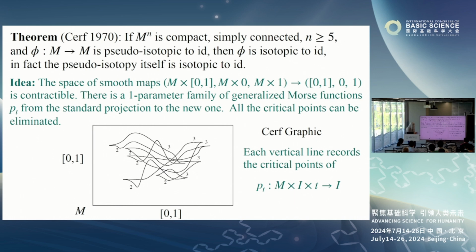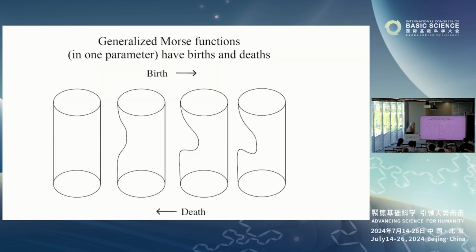Right, so what is a generalized Morse function? Well, a Morse function has finitely many critical points, but now we have a family of such, so we need a mechanism for introducing canceling pairs.